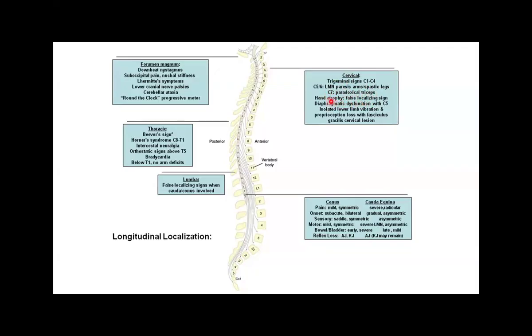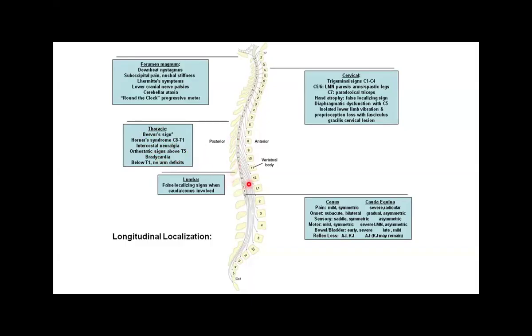C7 inverted triceps reflex, and hand atrophy is explained as a false localizing sign because of venous compromise, extending down to C8, T1, and diaphragmatic dysfunction occurs with C3, C4, C5 level involvement. At thoracic level, the classic signs are Beevor's sign, Horner syndrome at C8, T1 level, intercostal neuralgia, and orthostatic signs and symptoms above the T5 level.